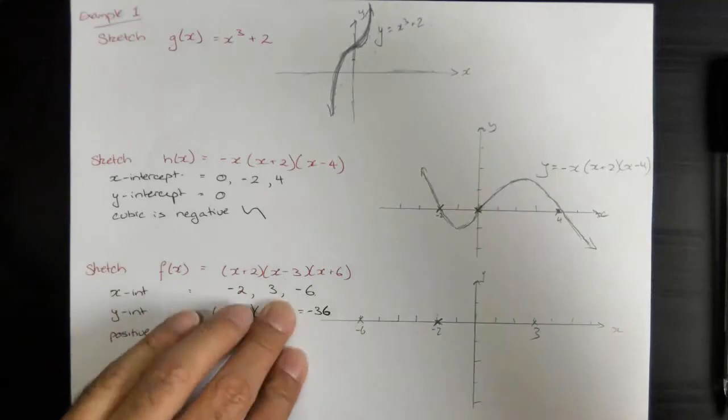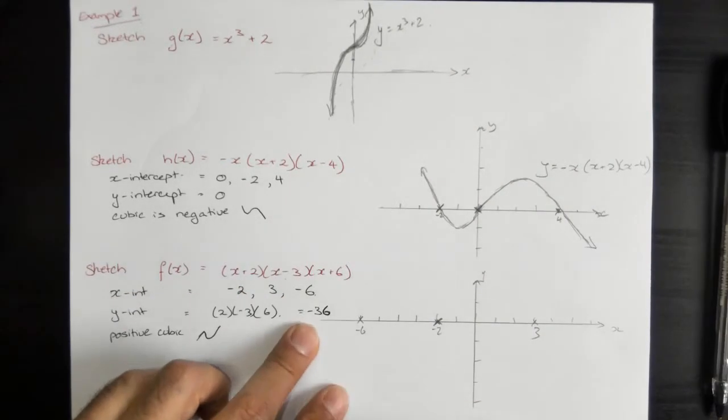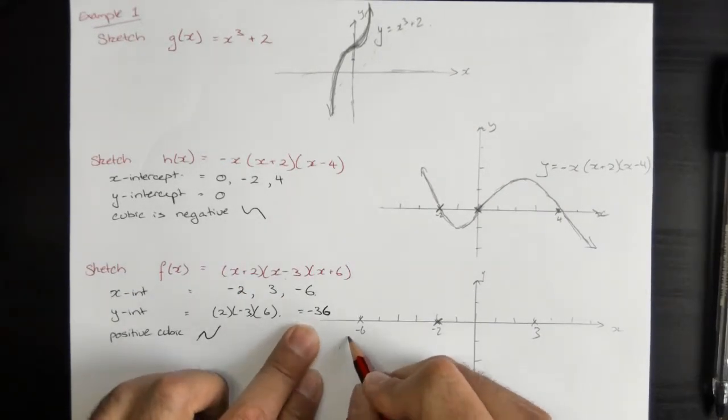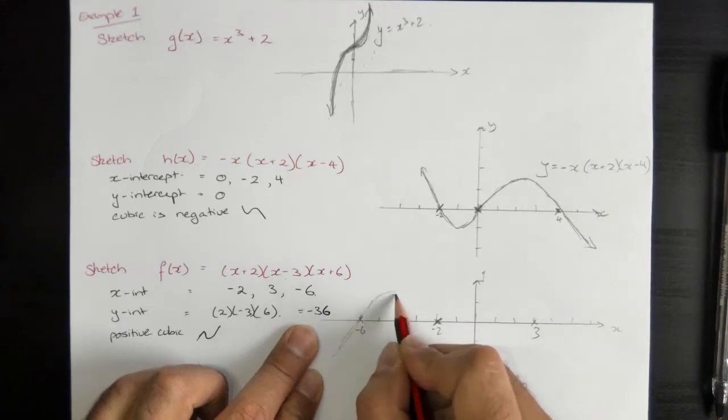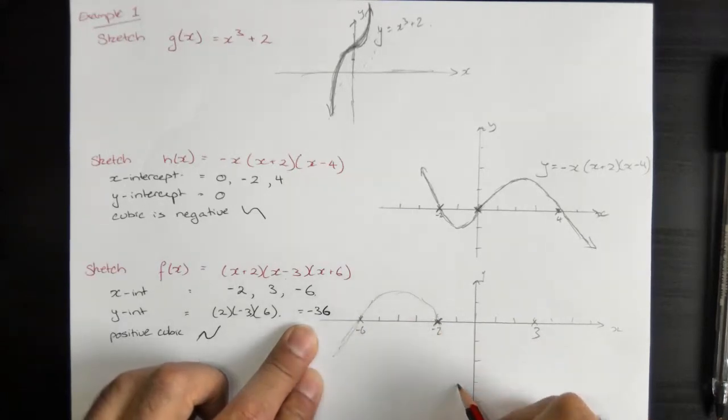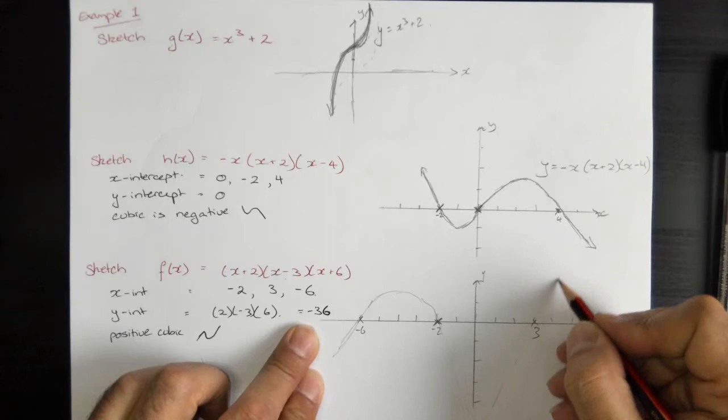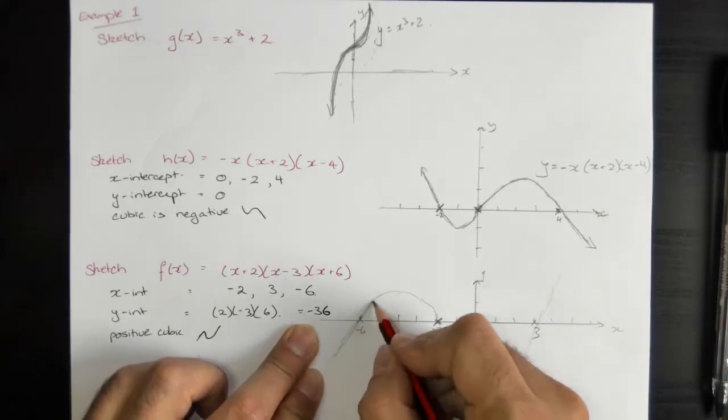This is obviously not going to be to scale because I can't go to negative 36 down here, but it will look something like that.